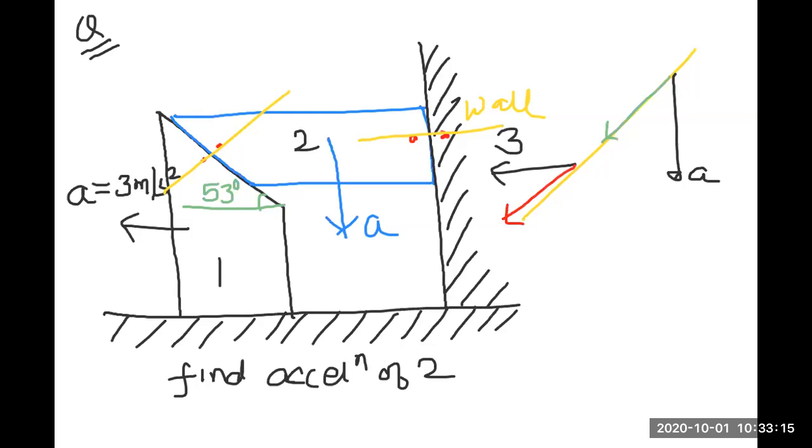Now all I need to do is find the angle. The inclined plane है of angle 53 degrees. So this angle must be 53 degrees. And of course this angle must be 37 degrees. So this component is 3 cosine 37 degrees. And this component is a cosine 53 degrees.